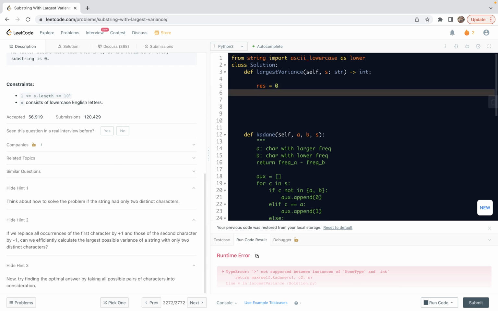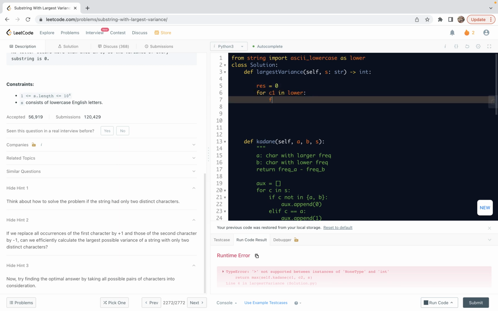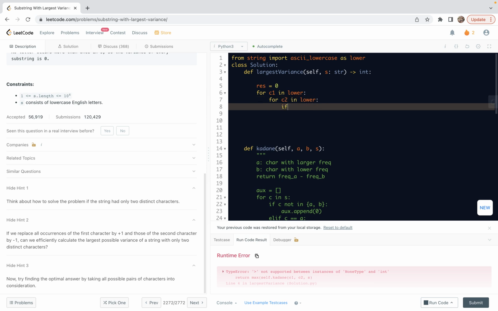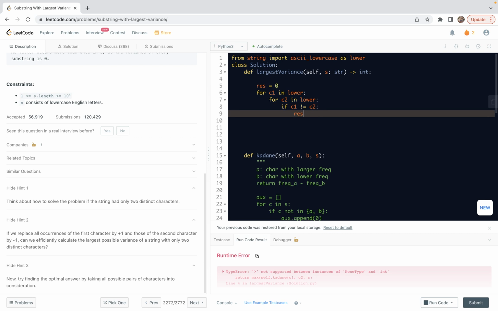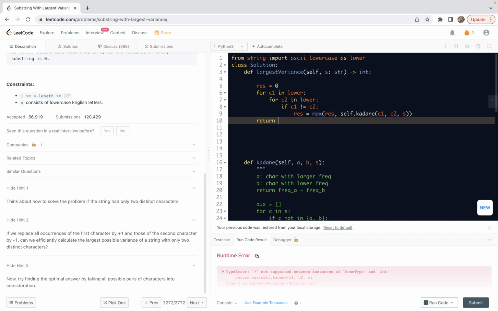So basically for C1 in lower, for C2 in lower, if C1 does not equal C2, then result equals max of result and self Kadane of C1, C2, S. Then we return our result. So now let's test again.